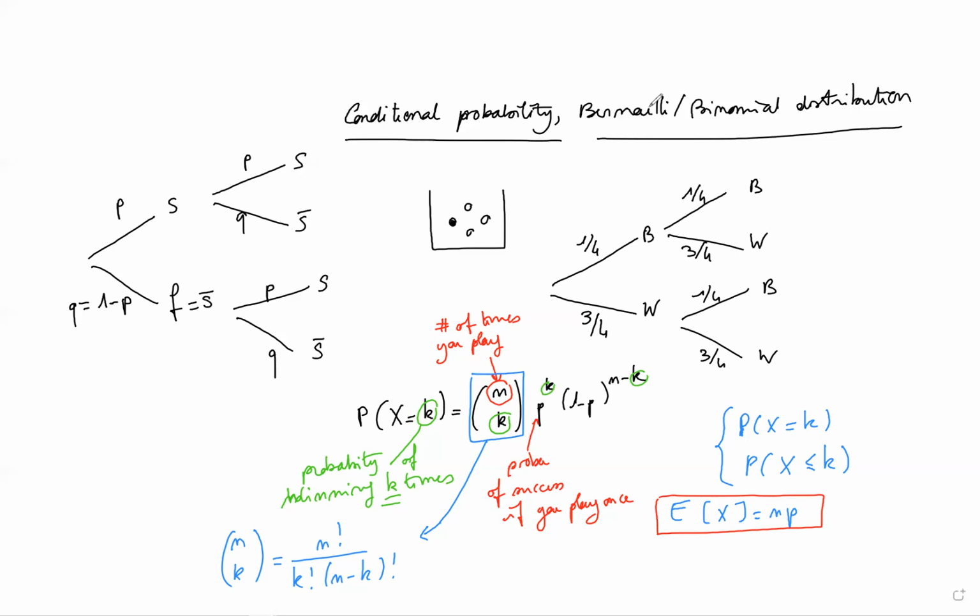Now what I wanted to show you. The standard deviation of X is the square root of N P (1 minus P). We'll talk about standard deviations later in this course. And what we call variance is what is below the square root here. We'll talk about this later.